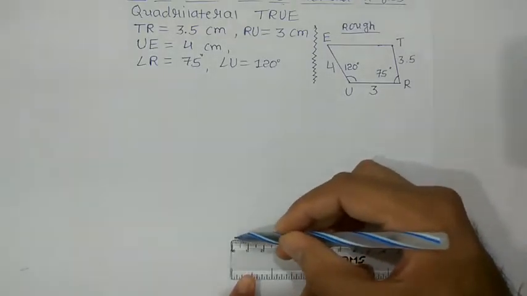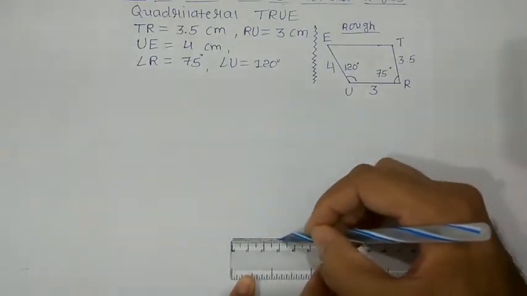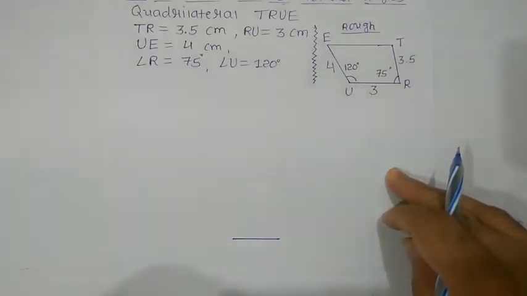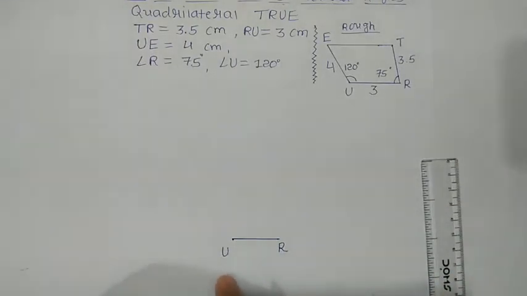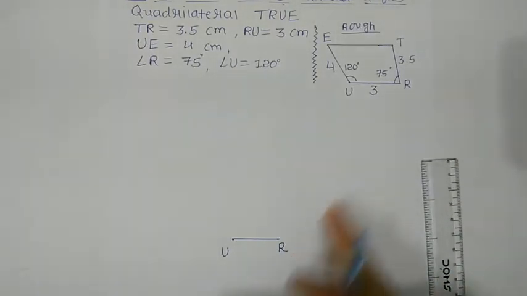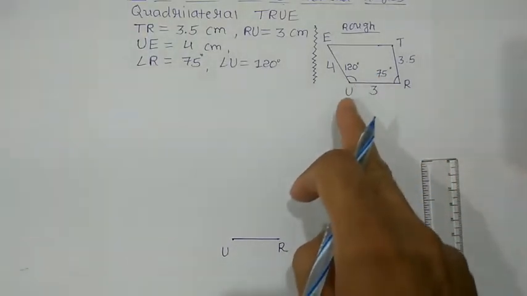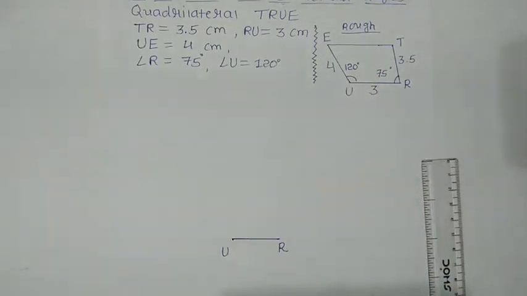So if this is 0, then up to 3. This is the smallest side of the quadrilateral. So this is the point U and this is the point R, right? So we have 2 points now, U and R. Now at the point R we have to construct an angle of 75 degree, and at the point U we have to construct a 120 degree angle.